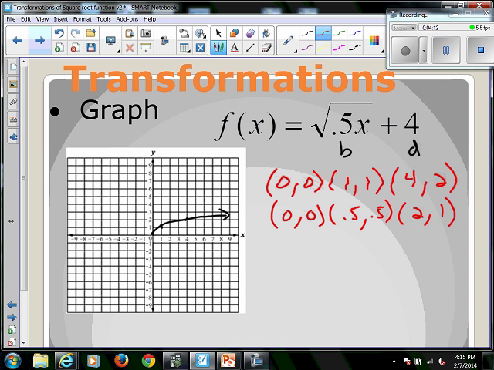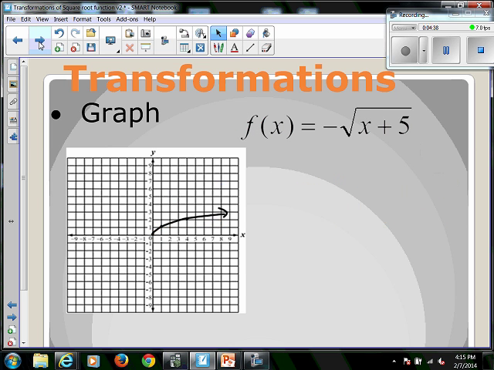Plot those 3 ordered pairs. Notice we have a shrink so it gets closer to the x-axis. Now I'm going to shift my points up 4 units. Now I have a new graph.